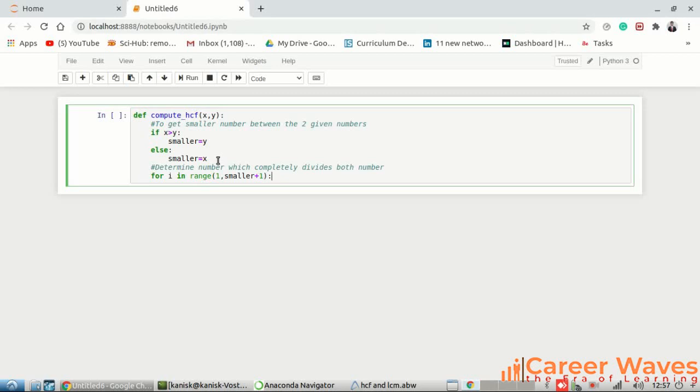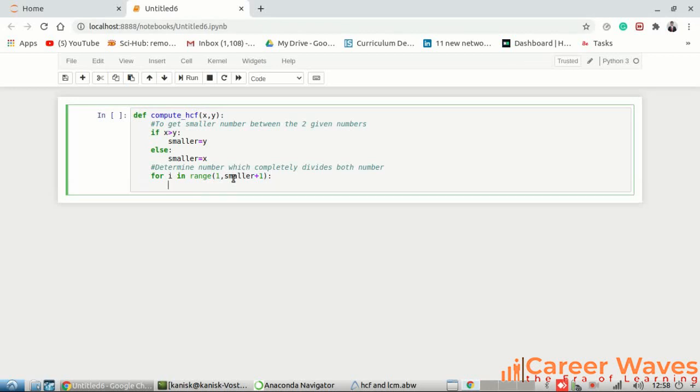So what we have done, we have added 1 to both, that is for start and stop. So 0 plus 1 will give 1, and smaller plus 1 will give smaller plus 1.